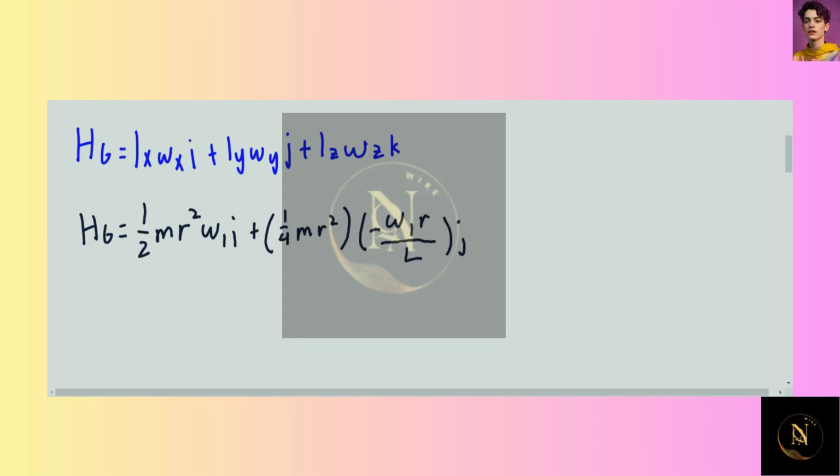And for the z component, we know that the angular velocity in the z direction is going to be 0, so we can just write this as 0 k.